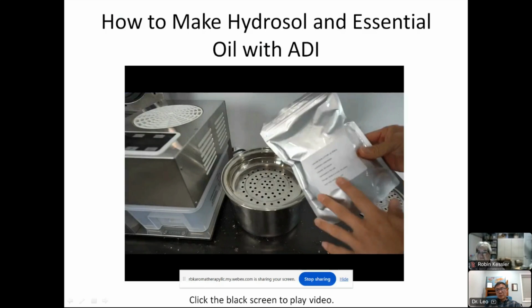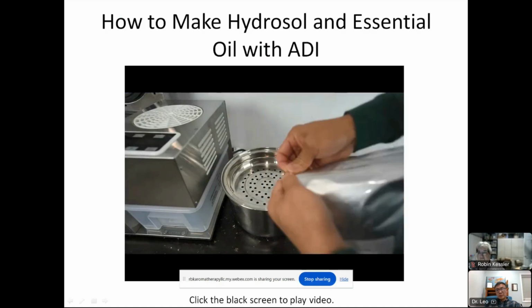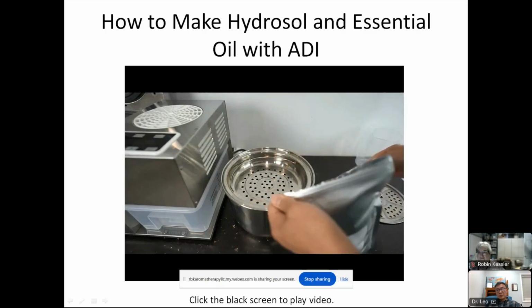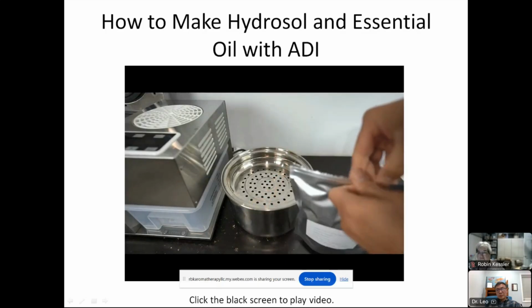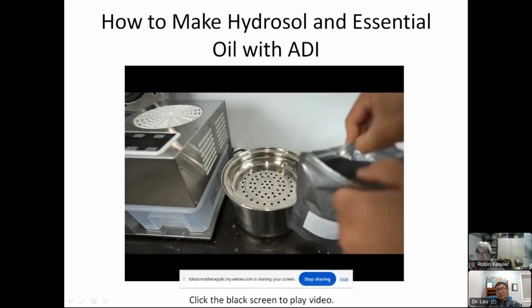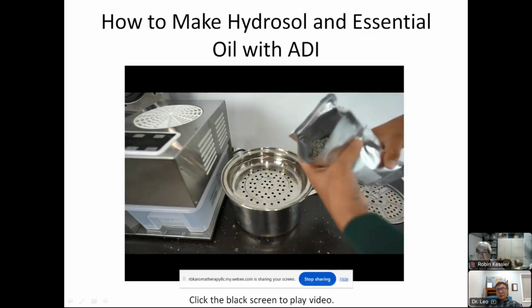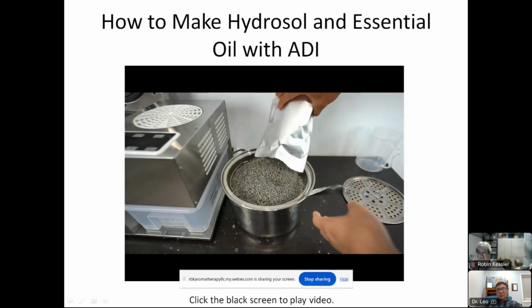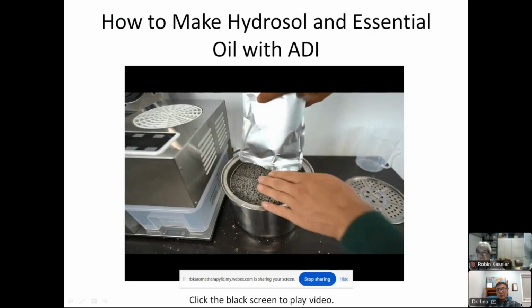We have these dry lavender buds in our store. You can order it. This is a wonderful locally made dry lavender bud. You can make a good amount of essential oil. I will show you after the distillation.